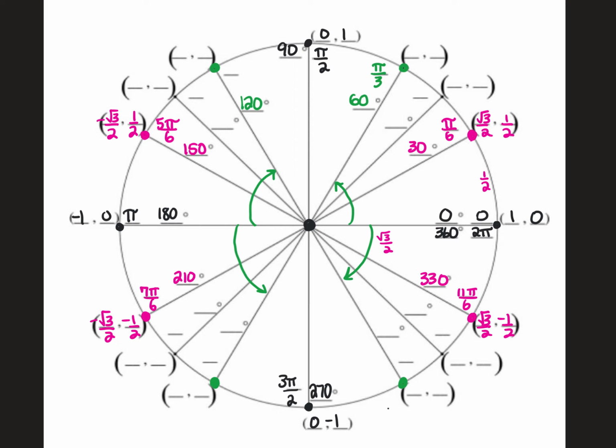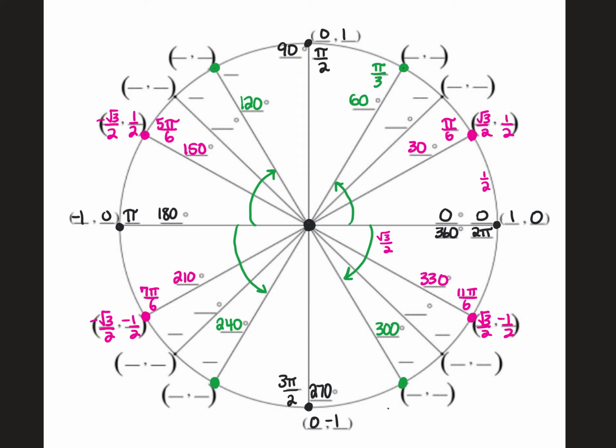The next angle we have to get all the way here, we're going to go all the way around. We get to 180, and then we keep going another 60 degrees. So 60 plus 180 is 240. And then to get to here, we rotate all the way around, and we stop 60 degrees short of 360. So that would be 300 degrees.